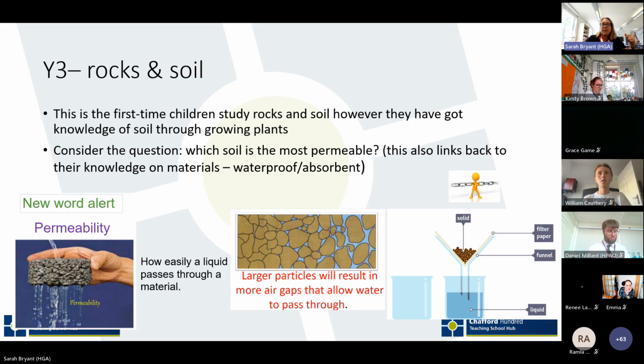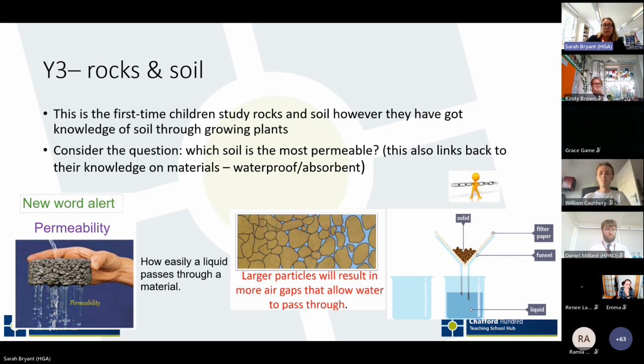But actually, sometimes in our experiments, the water runs through really quickly because it's broken up into larger chunks, and therefore there are larger air gaps in between. Things like that are important to understand, and that's where your subject knowledge is really important, that you have strong subject knowledge and strong vocabulary in order to teach accurately and stop any misconceptions.